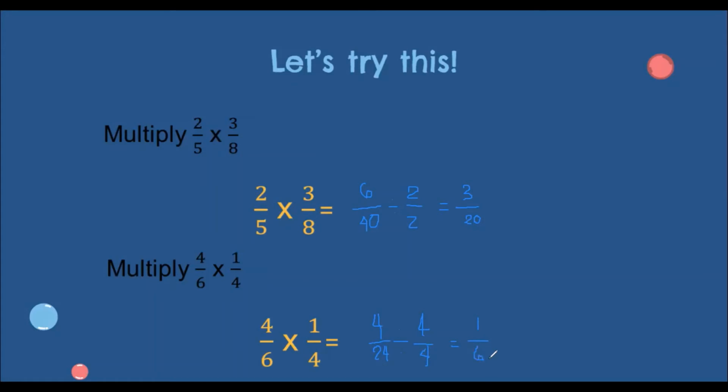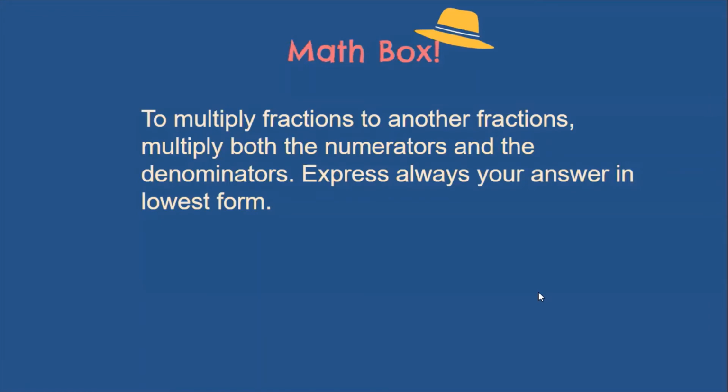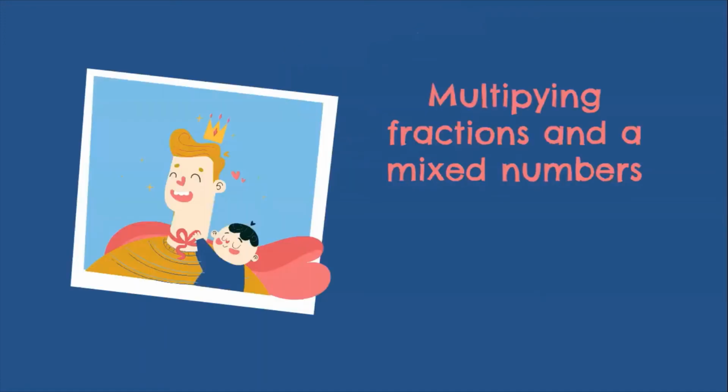Okay, so this will now be our final answer. To multiply fractions by other fractions, multiply both the numerators and the denominators. Always express your answer in lowest form.